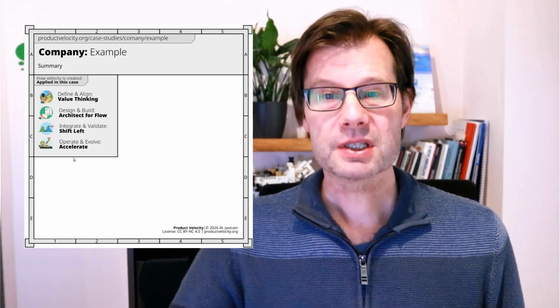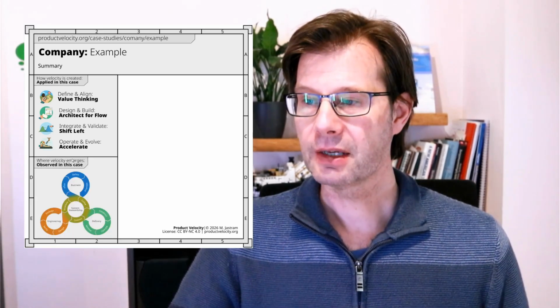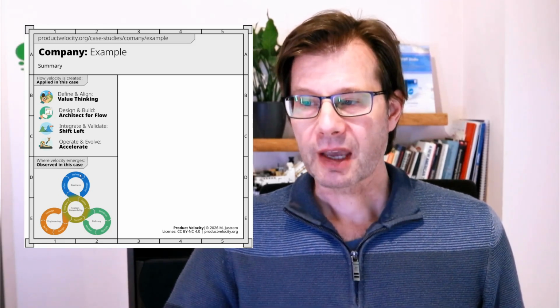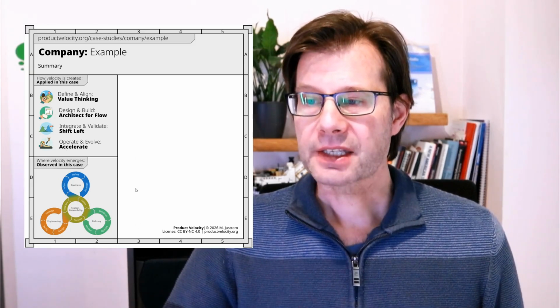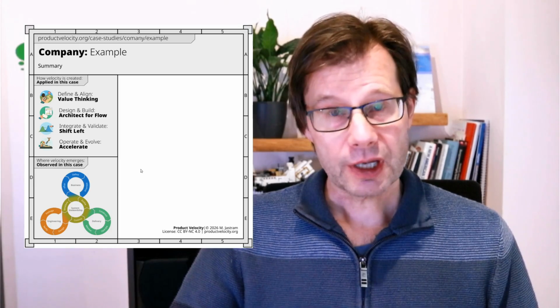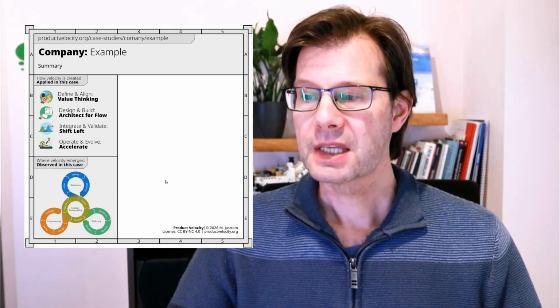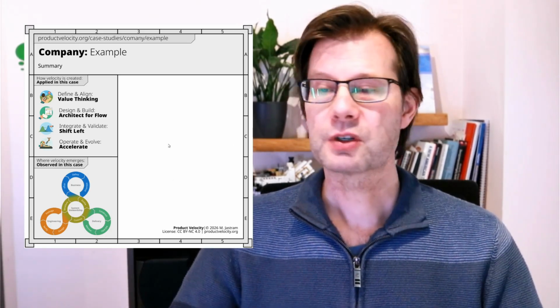There are 4 principles, but not all principles are applicable in every case study. It also shows you which segments of the velocity loop were active and observed in the case study. And again, not every case study requires all segments. And here you can see a picture that quickly shows you which product this was about.